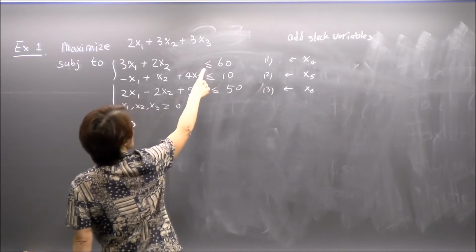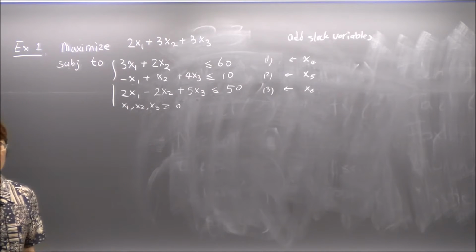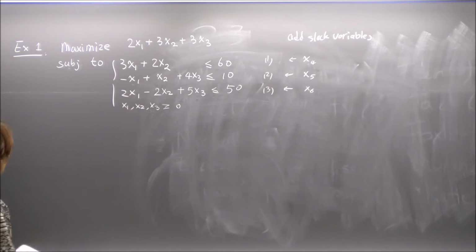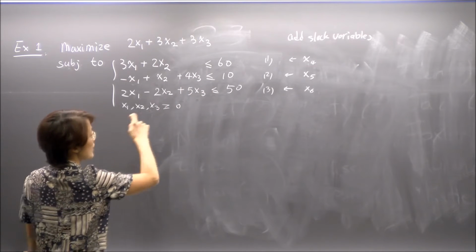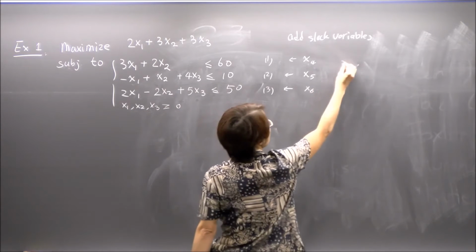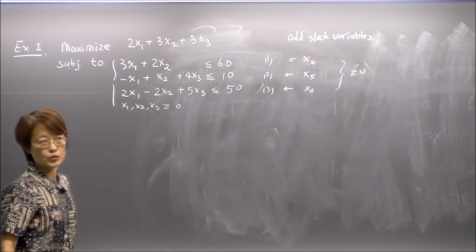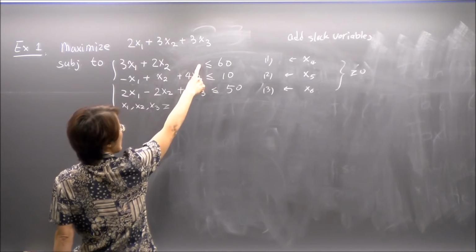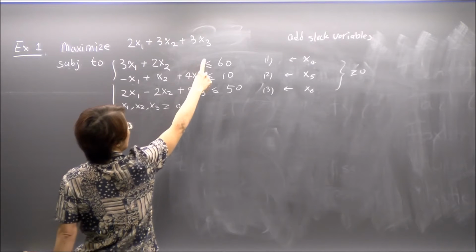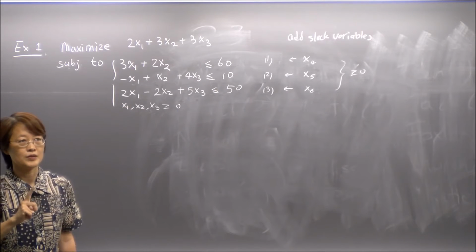Each one will be used to take care of each of these inequalities. Do we still remember? Right. So this is a less than or equal sign. All the slack variables, of course, are non-negative, bigger than or equal to 0. So if I add x4 to the left-hand side, some non-negative quantity, I could change this into an equal sign. Is that right? Do you remember doing that?